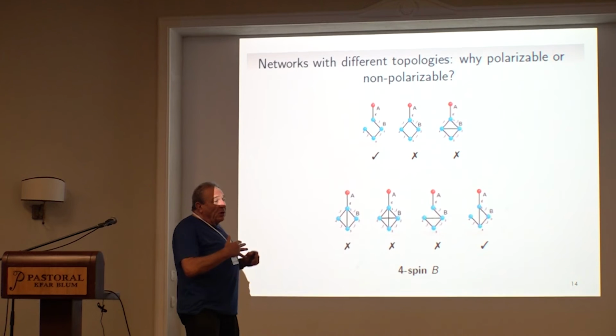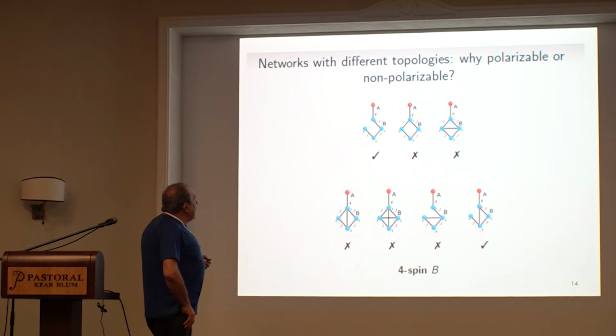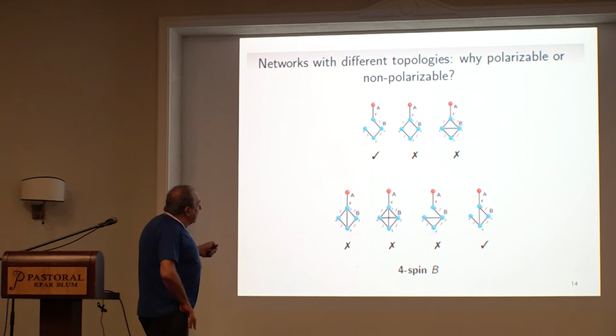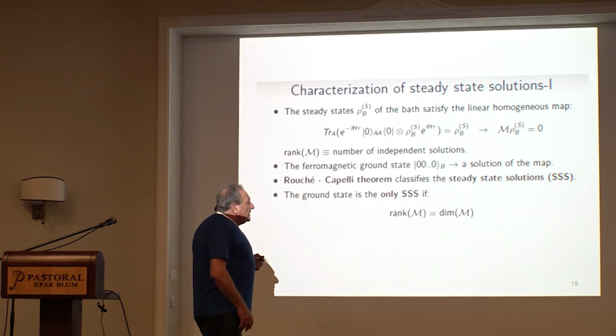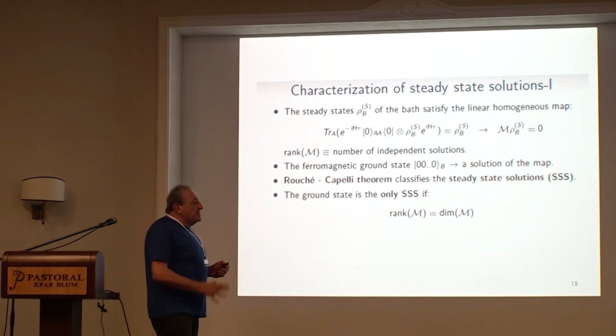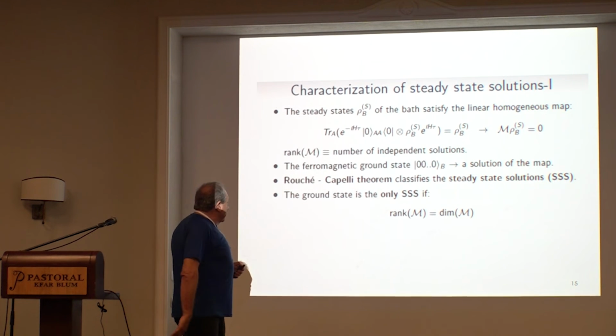And when you go on to more complex configurations, you see that it is very hard to understand why some are polarized and some are not. So among these four spin configurations, only this and this are polarizable. The others are not. Well, the solution to this riddle is that it is all determined by the topology of the network, okay?